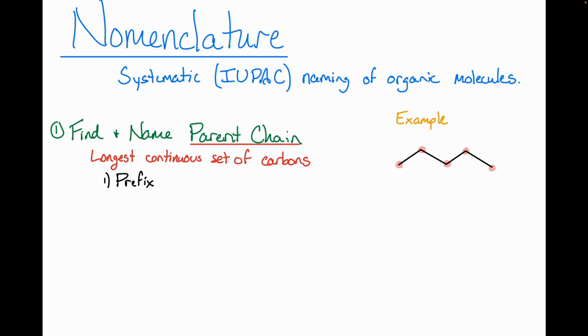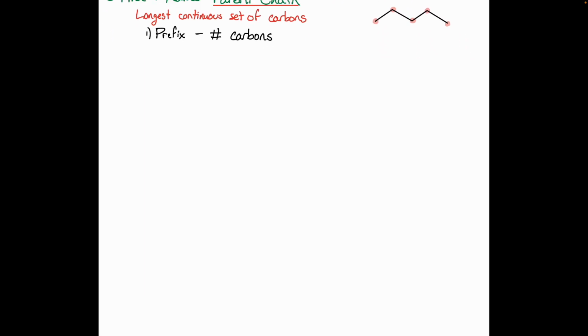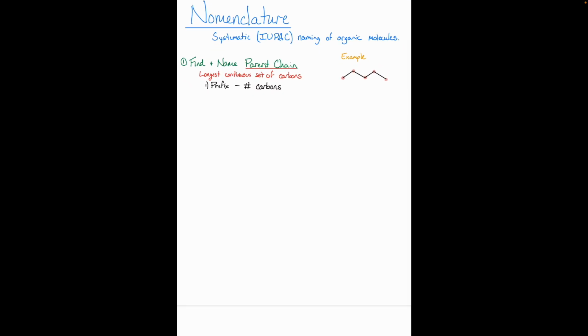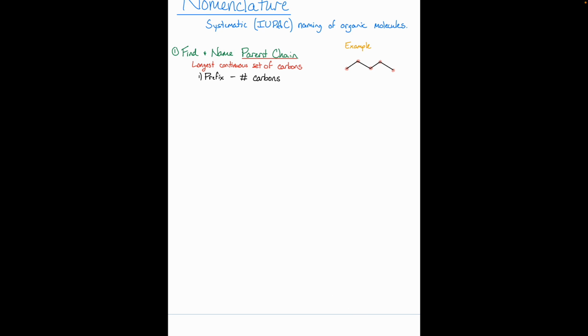All right? So we have a prefix that's going to tell us the number of carbons in our parent chain. Okay? I'm going to make a little cheat sheet down here, down at the bottom of my page here. Number of carbons versus the prefix. All right.